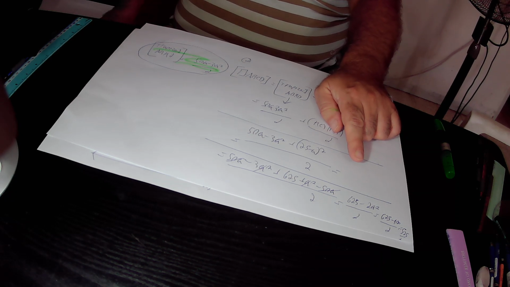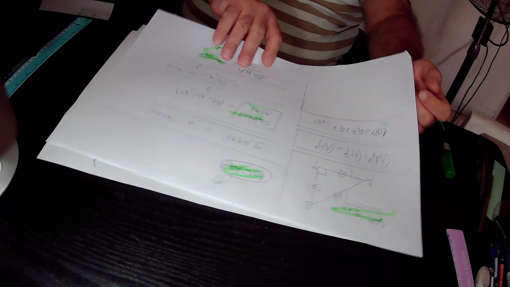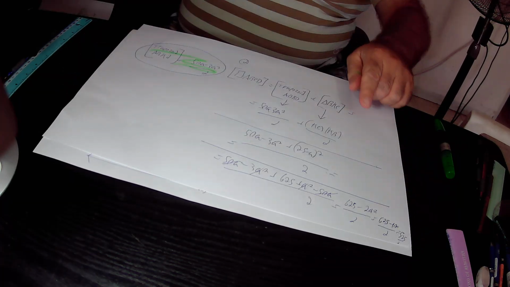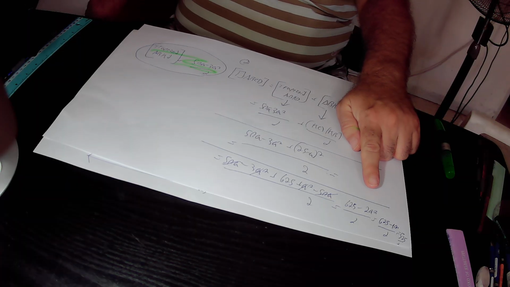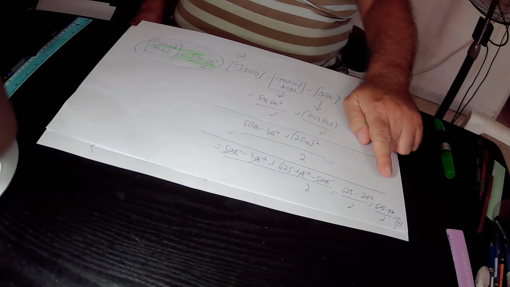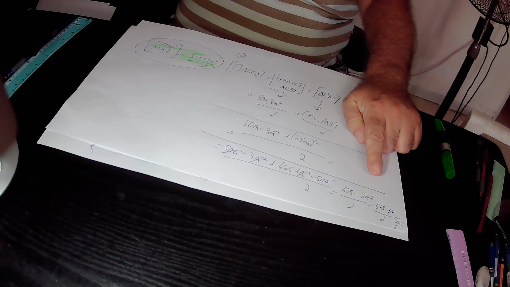But we already found out that 2A squared equals 100. So we can substitute 2A squared by 100 and get that this expression in total equals 625 minus 2A squared, and 2A squared is 100, divided by 2.